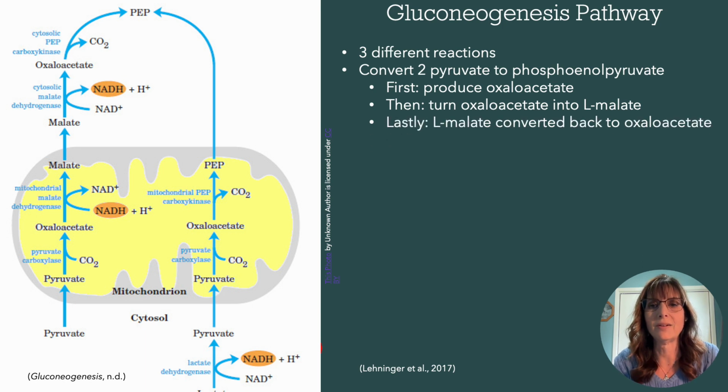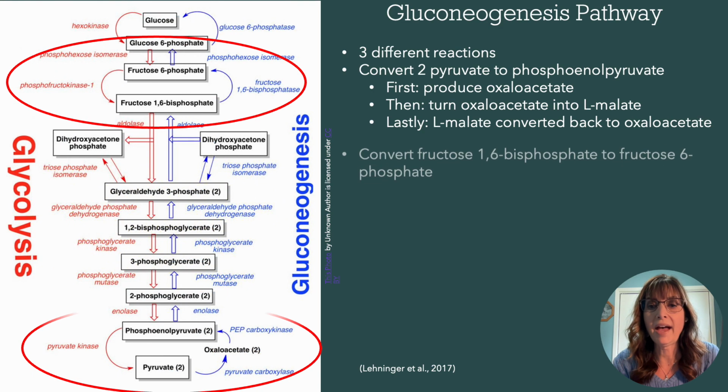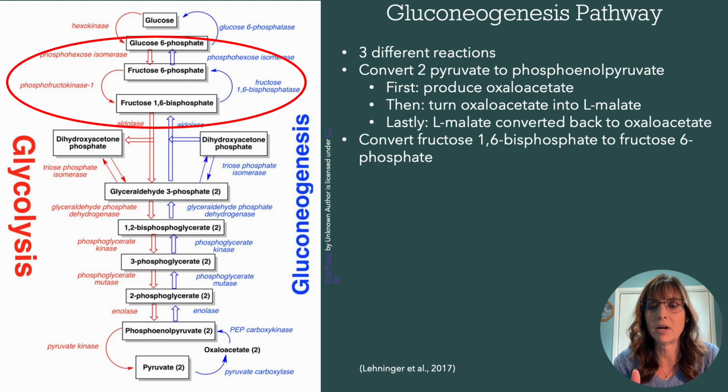And then in the cytosol, it is reoxidized to oxaloacetate. And then PEP carboxykinase turns it into the PEP molecule. The reoxidation process produces an NADH molecule, but the creation of PEP requires a GTP molecule. So that is actually that very bottom step. Pyruvate does get turned into PEP, but by a slightly different process than is shown in the diagram.